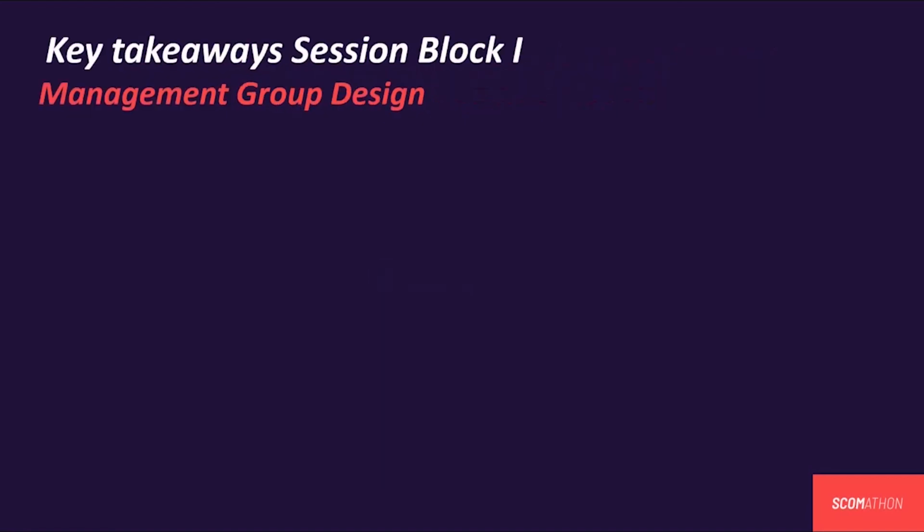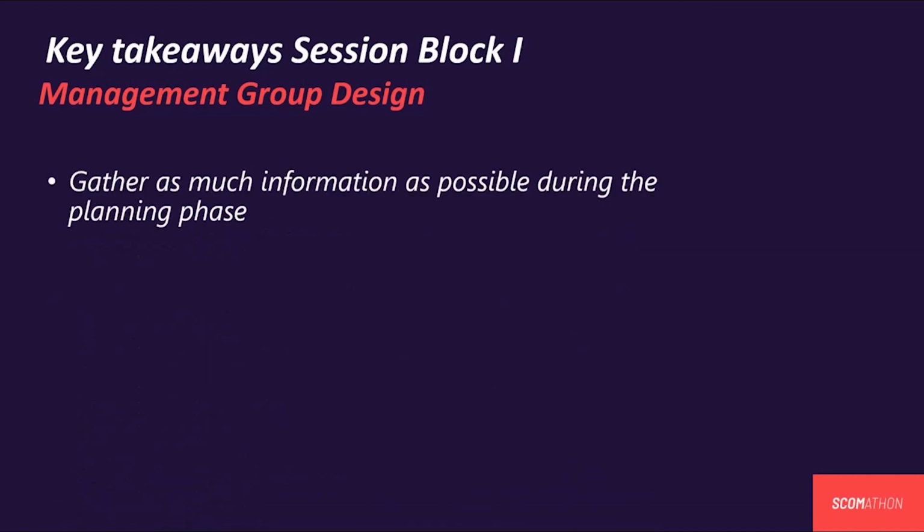And the key takeaways from this first block would be to gather as much information as possible during the planning phase. When you plan your management group, having all the details in advance plays a key role.